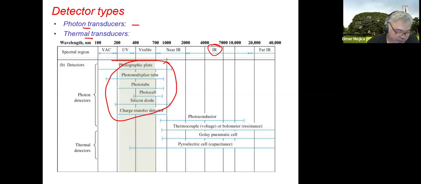So all photon transducers usually have an active surface that absorbs radiation. While thermal transducers, they usually respond to, anyone?